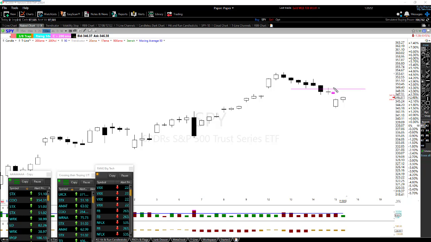Let's probably change that to green, shouldn't I? So yesterday's last candle needed to close up here, above 50% of this candle.